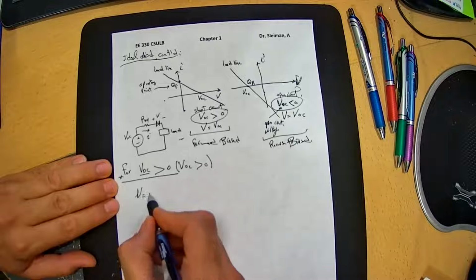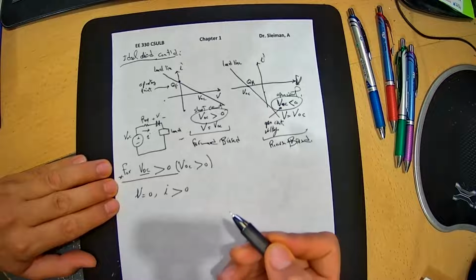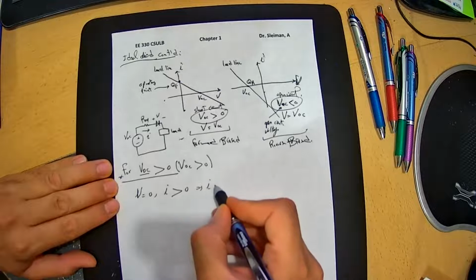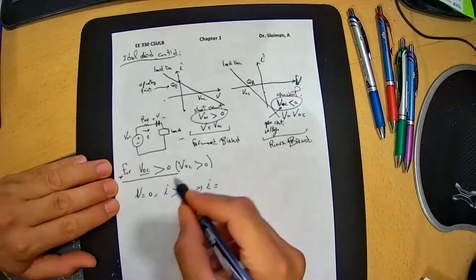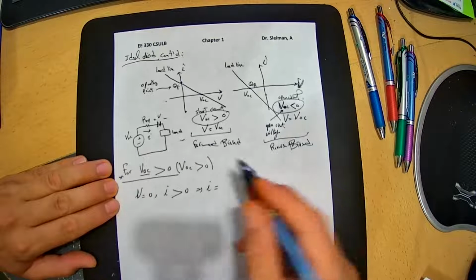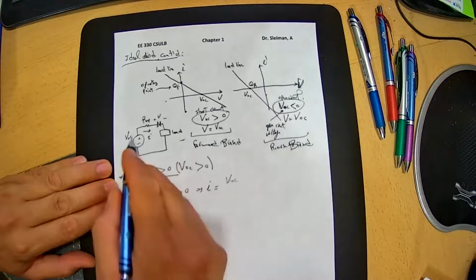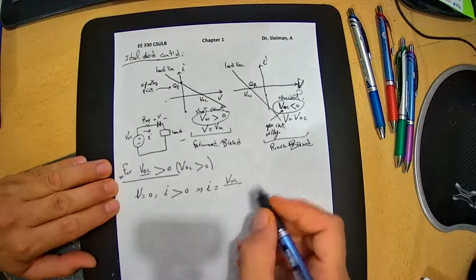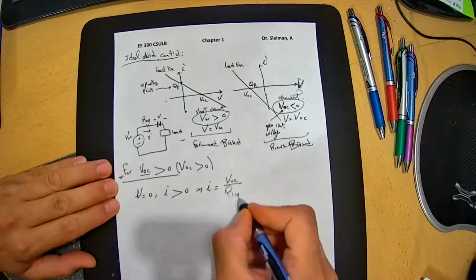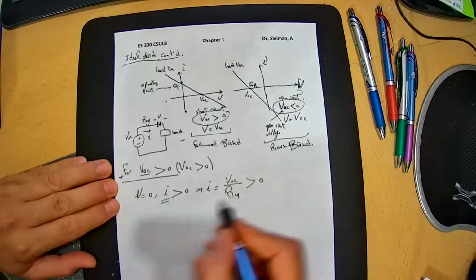The voltage is equal to 0 and we have a current running through. So we can solve for the current from the linear circuit, just using Ohm's law: VOC divided by R equivalent, and this should be greater than 0.